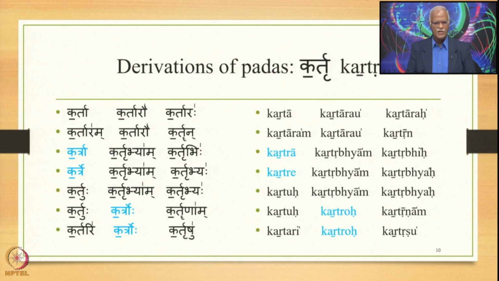This is what we showed on this previous slide by the blue inked forms. Kartra, this final a is udatta, this os is udatta, and similarly this os is also udatta.